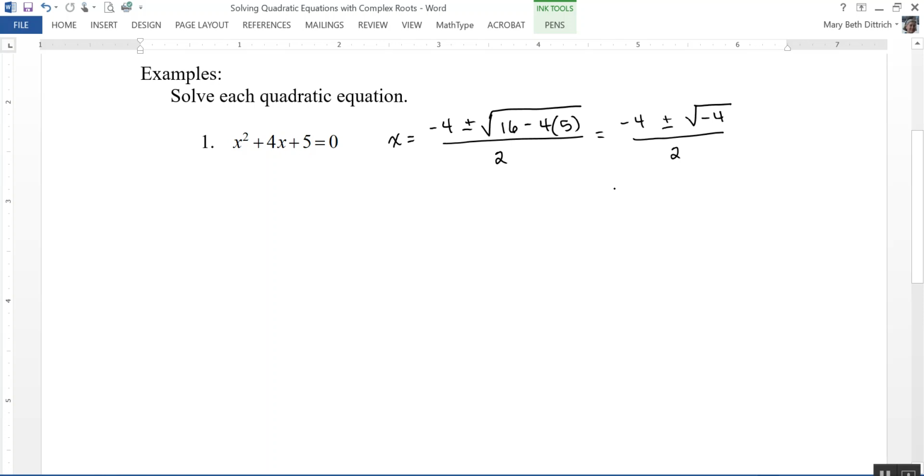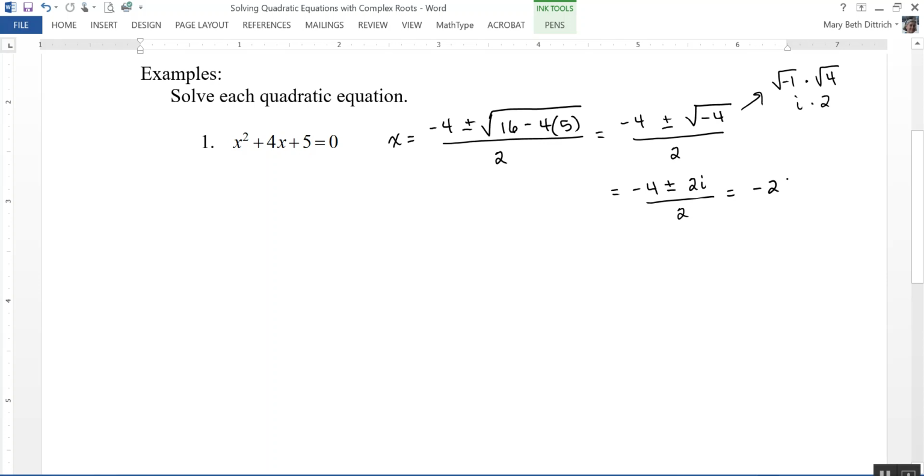all over 2. And negative 4 plus or minus the square root of negative 4 is equal to the square root of negative 1 times the square root of 4, which is going to be i times 2, or 2i, over 2. And that can be simplified by dividing negative 4 by 2 and 2i by 2.